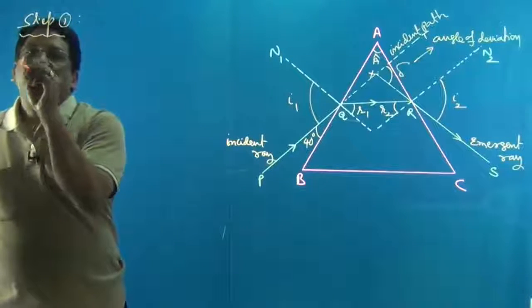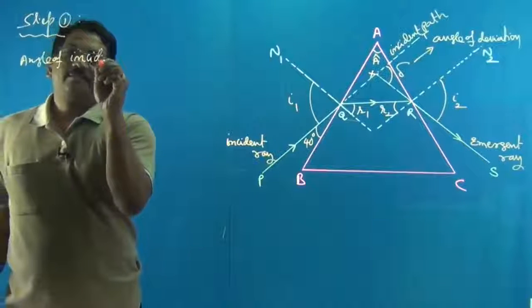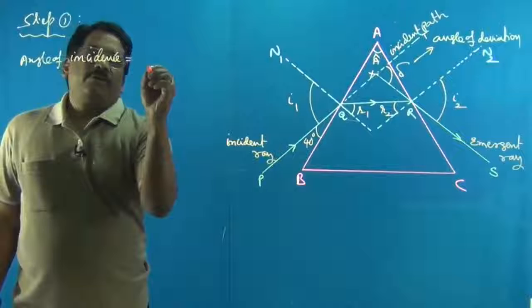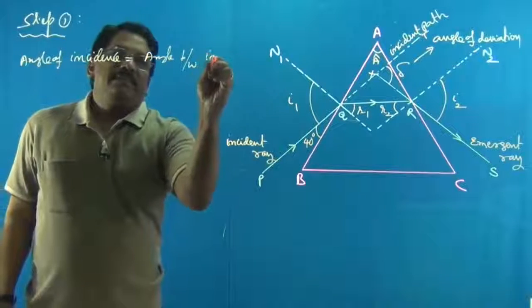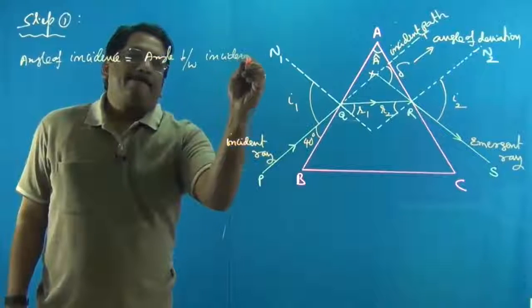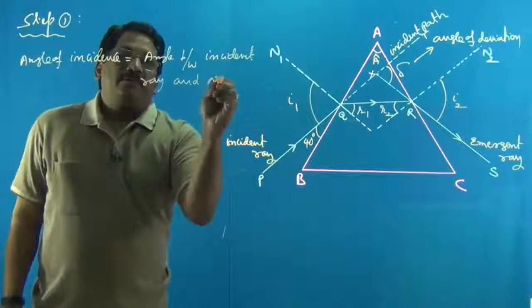Now here the angle of incidence is equal to the angle between the incident ray and normal. This is important.